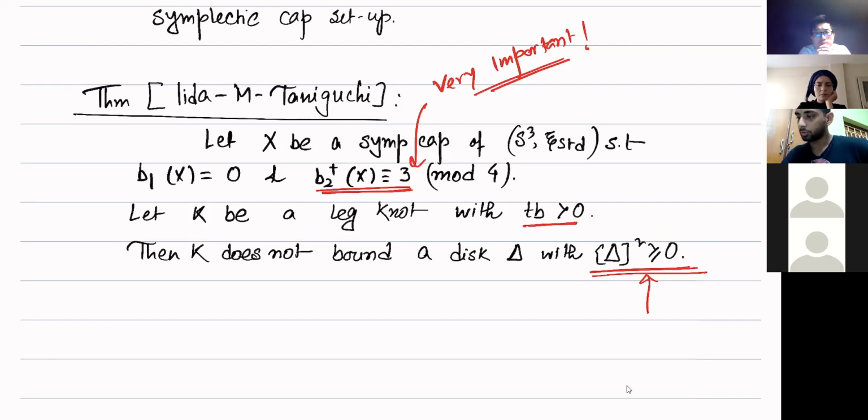I will demonstrate these two examples towards the very end, showing that this result is in its absolute strongest form. That is, if you change any of these conditions, the result fails.